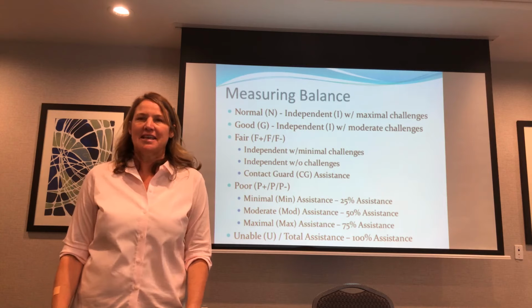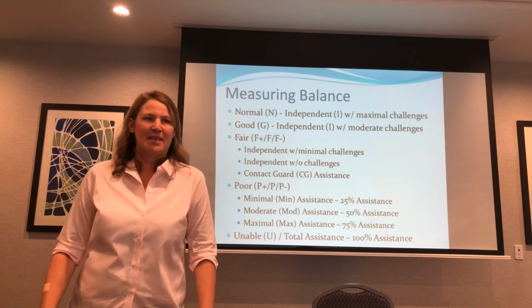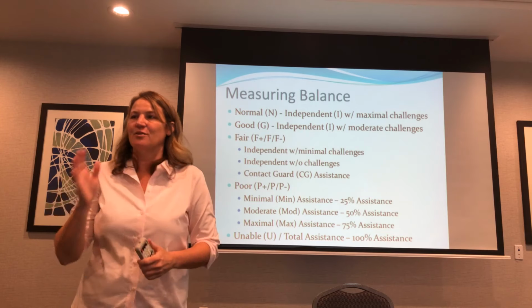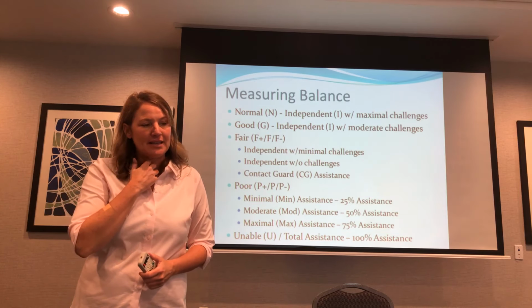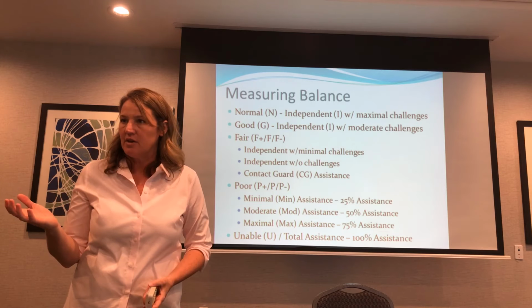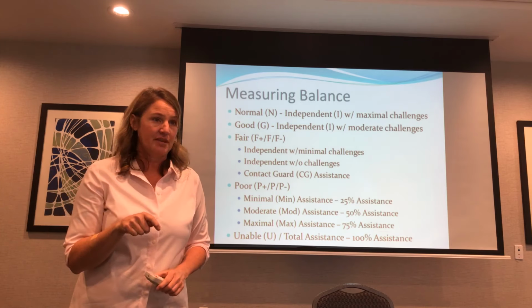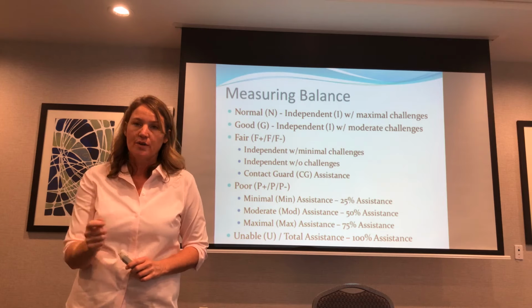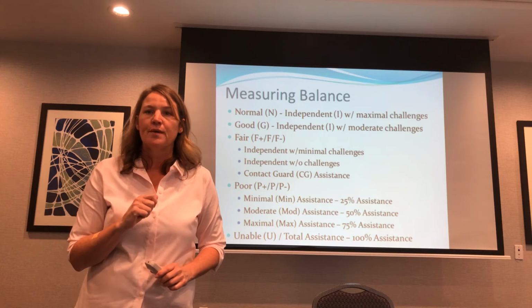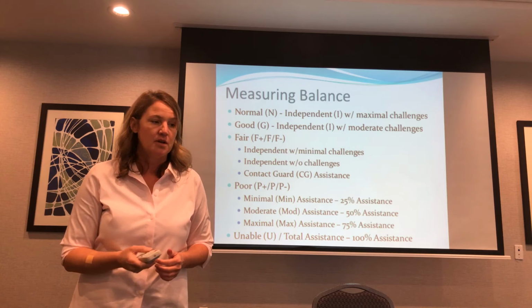But they can stay there, but they can't do anything from there. Or fair minus, if I just kind of have to touch them a little bit. But basically, we could argue again, it's objective, but it's probably not enough. If one of your goals is going to be balance, that's not enough. You need something a little bit more detailed to look at it.